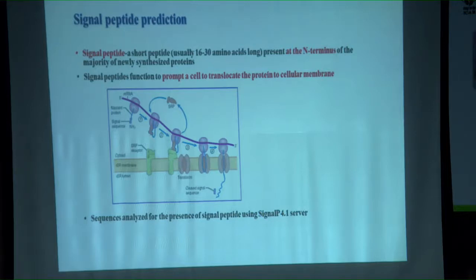It is clipped by signal peptidase, an enzyme that varies from one organism to another. Several signal peptidases clip the signal peptide into small pieces. So basically, after cleavage the signal peptide is chopped out from the cell.